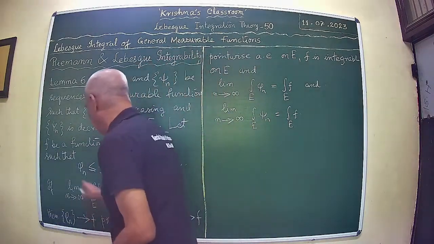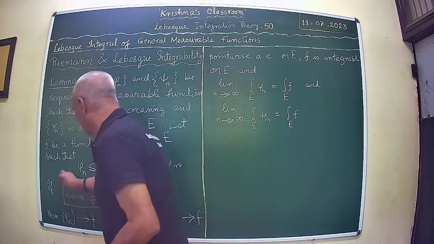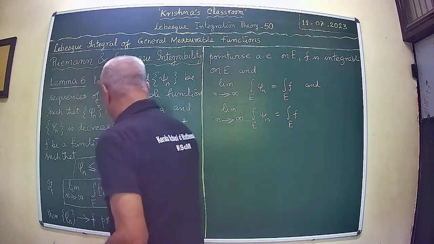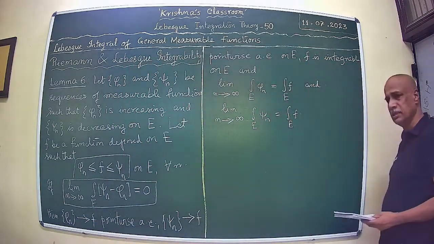This is the crucial condition. There are two things: f is squeezed between these two, and this is 0.